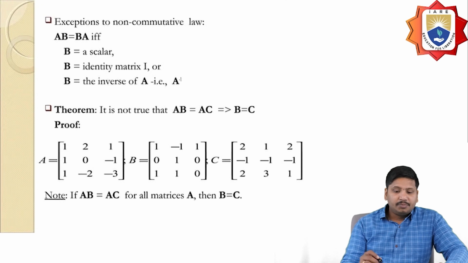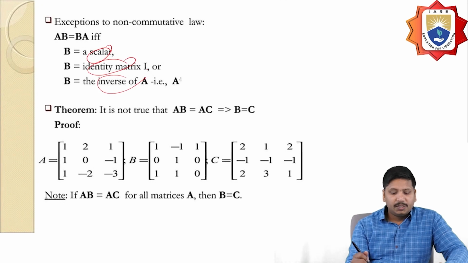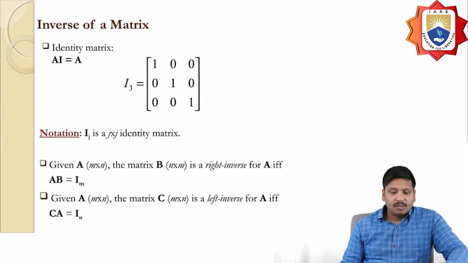Some other exceptions to the commutative law, where AB is equal to BA, are when B is a scalar, identity, or inverse. Here I say that if AB is equal to AC, then automatically B is equal to C. This is the proof. Now the inverse of a matrix and the identity matrix.